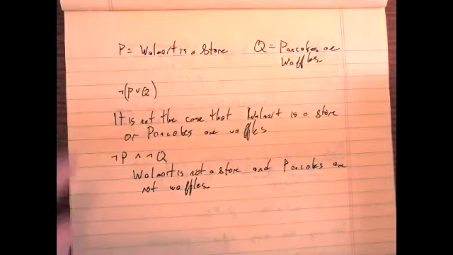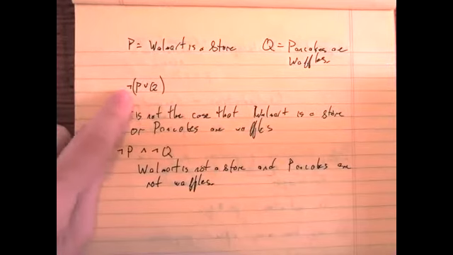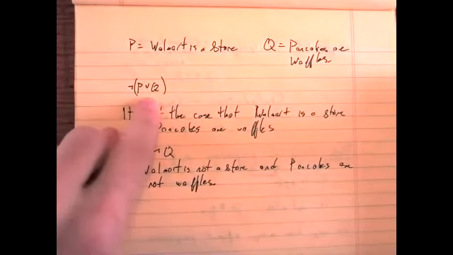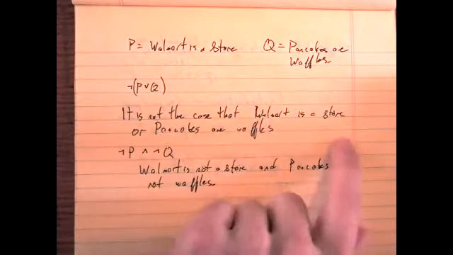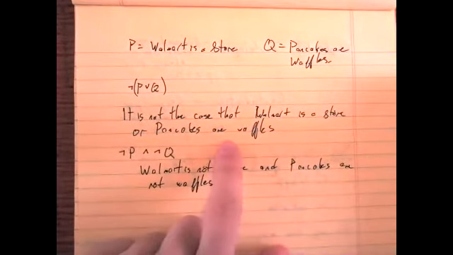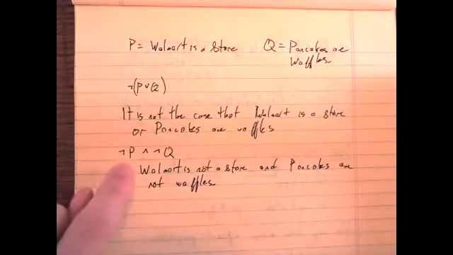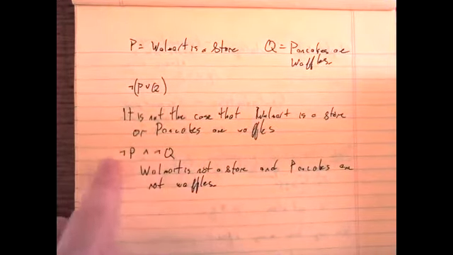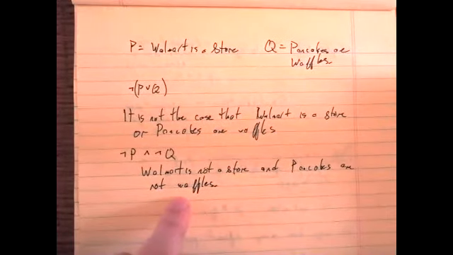So here we can kind of see what this logical equivalence is telling us. This is saying if we want to negate an or statement, so it is not the case that Walmart is a store or pancakes are waffles, that's logically equivalent to the negation of both with an and: Walmart is not a store and pancakes are not waffles.